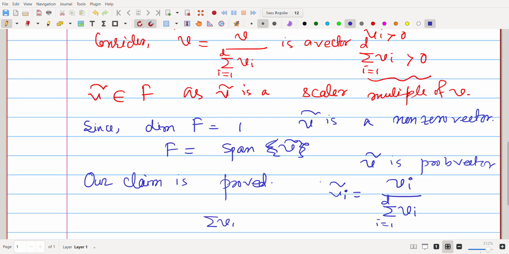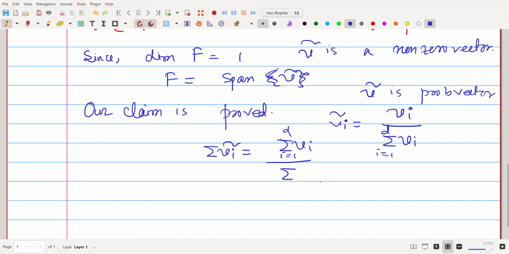If you sum Vi tilde, you get the summation of Vi, i equal to 1 to d, divided by the summation of Vi, i equal to 1 to d, which is 1. That means V tilde is a probability vector, so in the case of dimension 1 we can prove it.